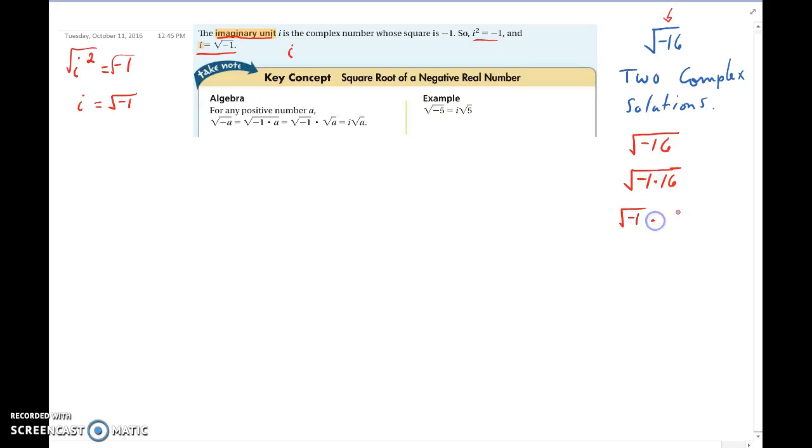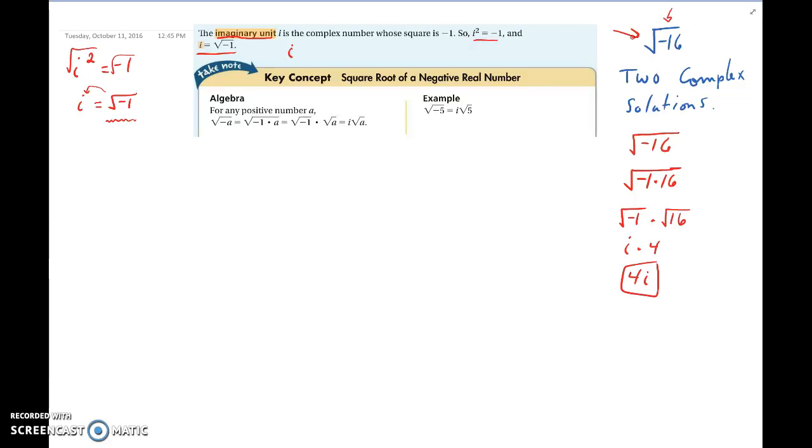So it's the square root of negative 1 times the square root of 16. And what is the square root of negative 1? Well, we know that the square root of negative 1 is equal to i with imaginary numbers. So this is i, and the square root of 16 is 4. So we would write this as 4i. So now something that we could not solve in the last section, we can now using complex or imaginary numbers.